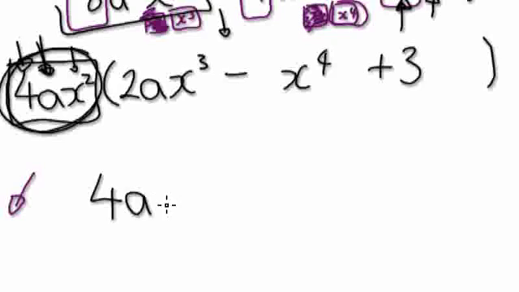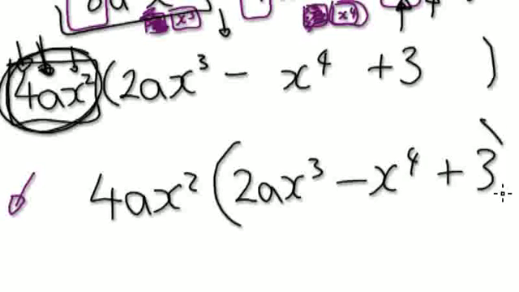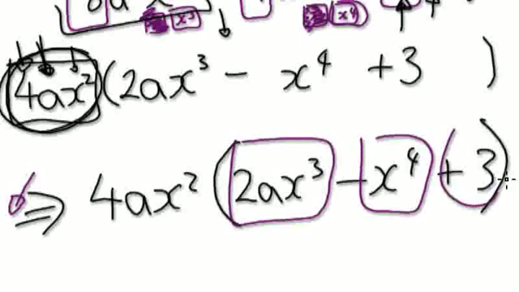So it will be 4a x squared, and then brackets: 2a x to the power 3 minus x to the power 4 plus 3. So this is done. Can you see 3 terms here? Well, anyway, it's done. This bit here.